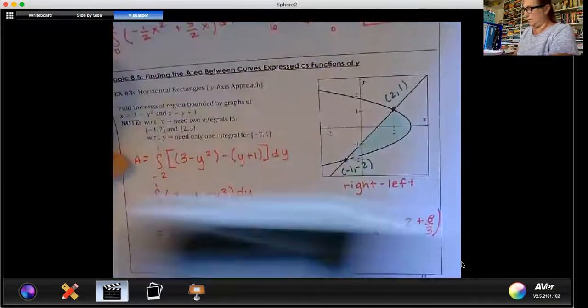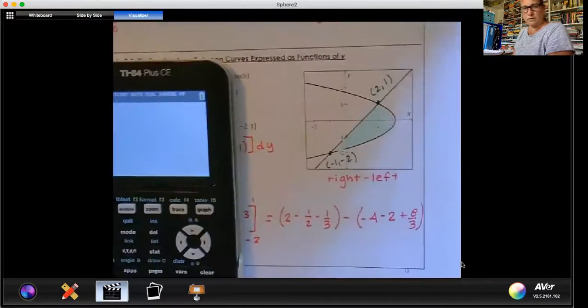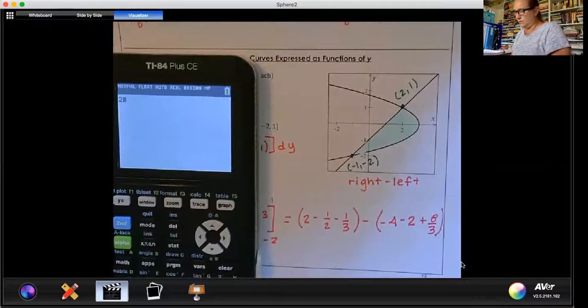We're just going to do all that math right here in our calculator. 2 minus 1/2 minus 1/3 minus negative 4 minus 2 plus 8/3. And you get 9/2.